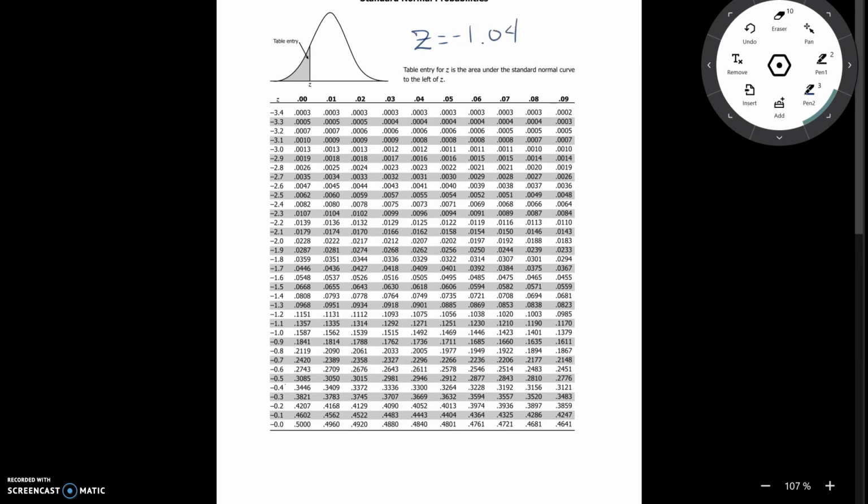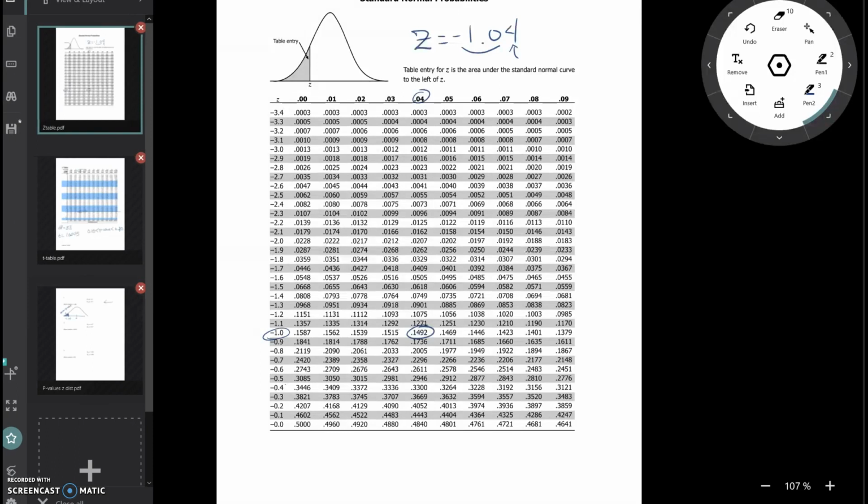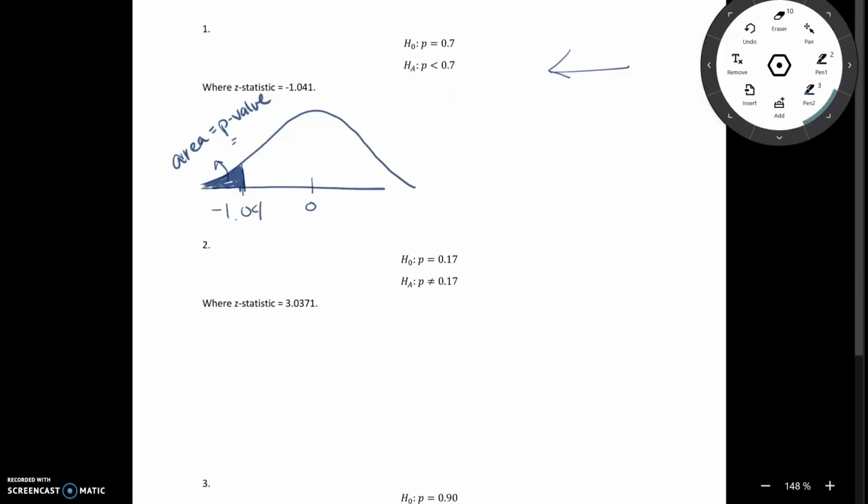Remember, when we use a standard normal table, we look at the left 2 numbers in the left column, and then we've got the 4 from the top. We see where those meet up, which is 0.1492, and that tells us the area to the left of this point is 0.1492. So the p-value is equal to 0.1492.